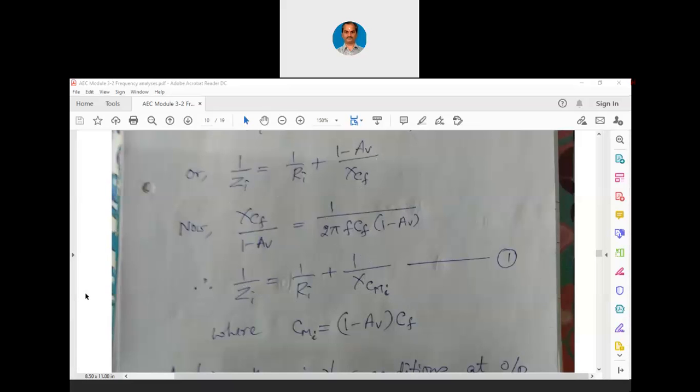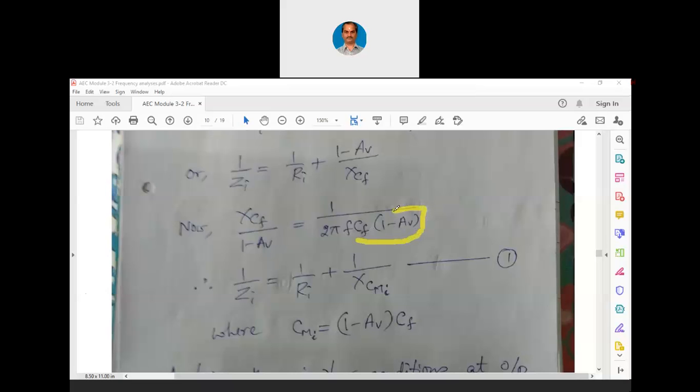We are purposefully using a term here called CMI, where that Mi is basically Miller. This Mi stands for Miller. So we can write CMI equals 1 minus AV into CF. You can see this equation. We have this much here, 1 minus AV into CF.